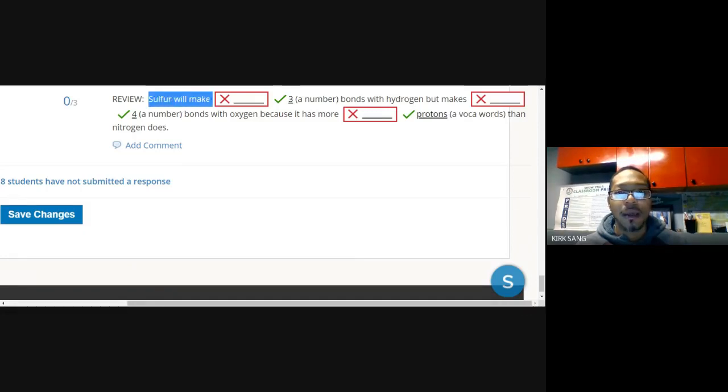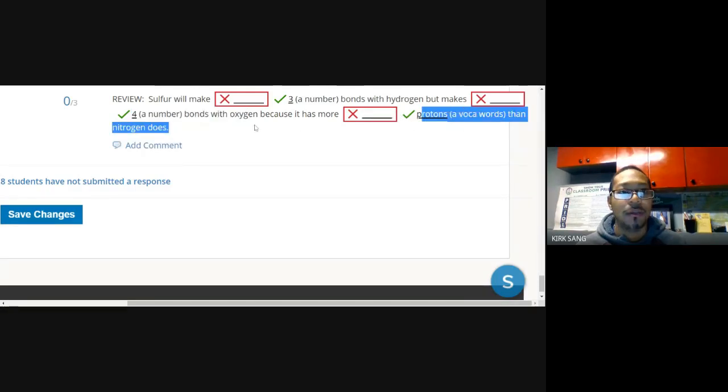Sulfur will make 3 bonds with hydrogen, but makes 4 bonds with oxygen because it has more protons than nitrogen does.